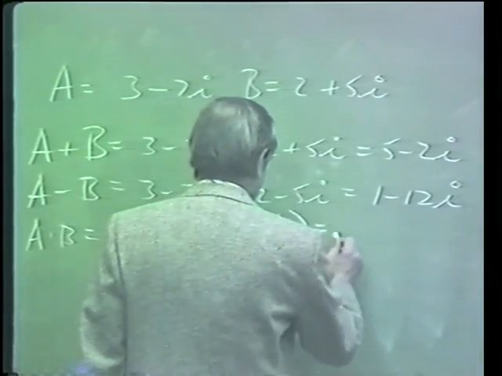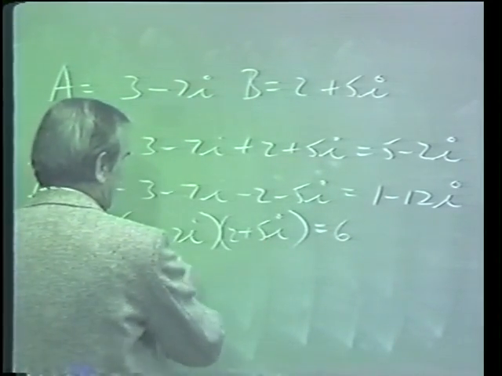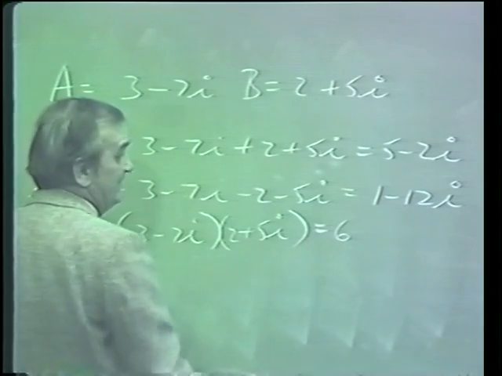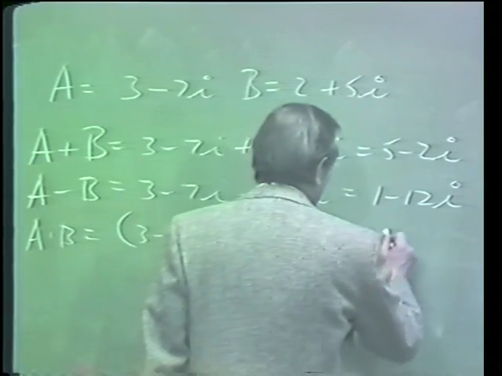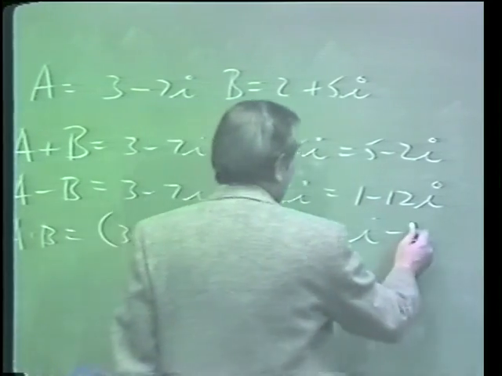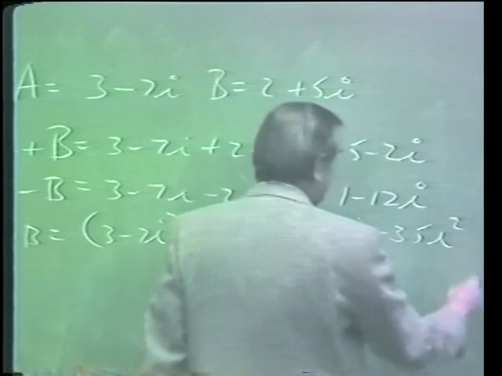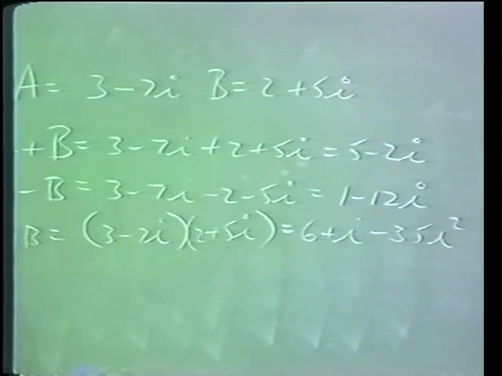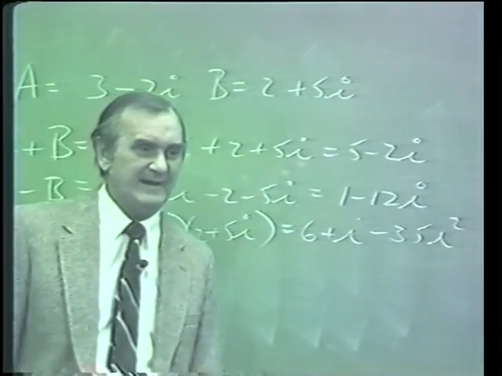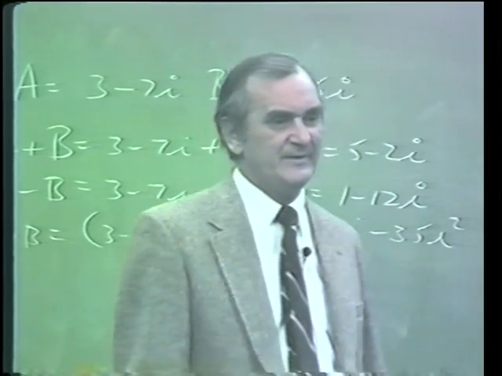If we FOIL these two, we come out with 6. We have a positive 15i and a negative 14i gives us a positive i. We multiply the last, that's negative 7 times 5 is 35. i times i is i squared. This is what we get when we multiply: 6 plus i, negative 35i squared. But I told you, I can never have an exponent greater than 1.